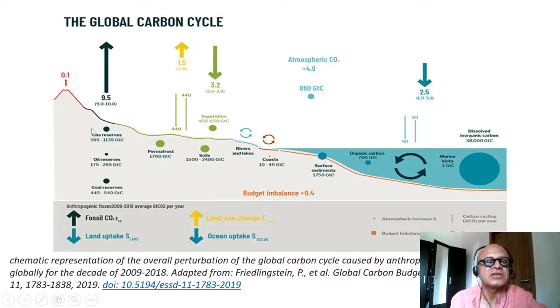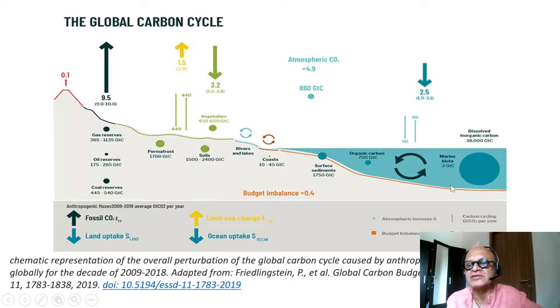So you can see the global reserves are shown, which we will ignore for now, and we will come back to the permafrost and soil pools and so on, and just focus on let's say this one here, ocean.